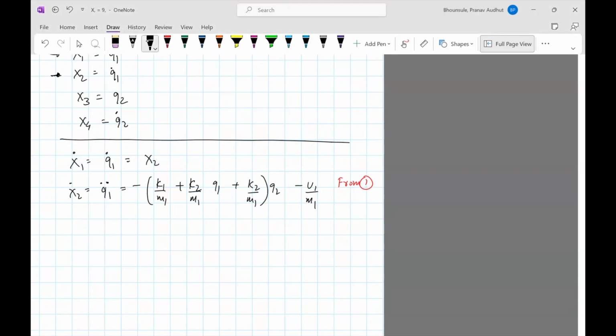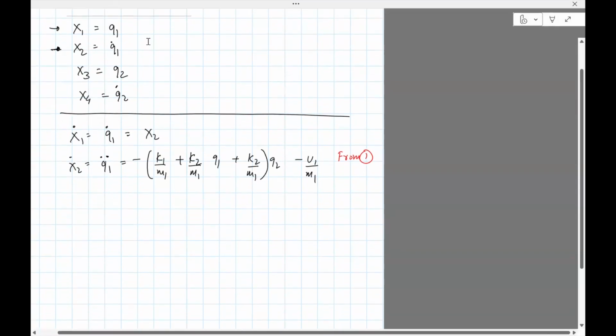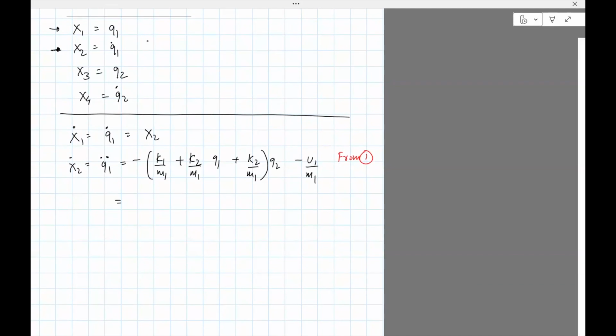But the key here is to write everything in terms of x1 and x2. So I can rewrite this as minus k1 plus k2, just clubbing these things together, divided by m1 times, wait, something's not right here.